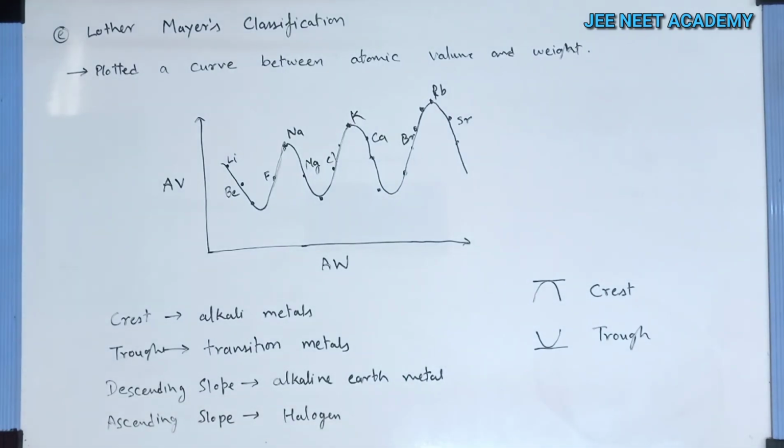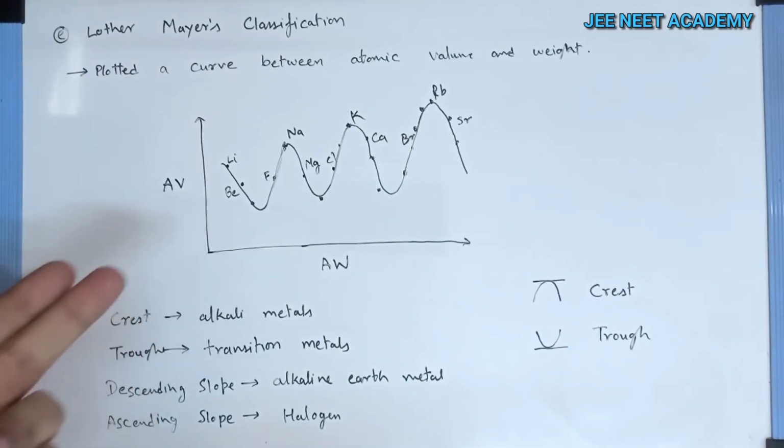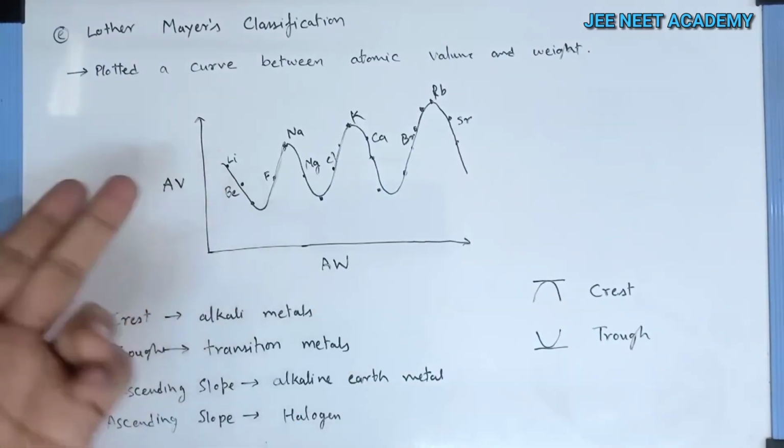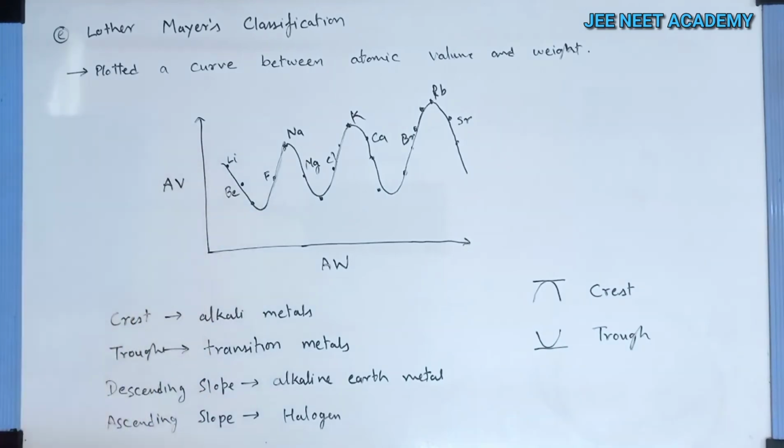Lothar Meyer proposed that the physical properties of the elements are a periodic function of their atomic weight. You can see atomic volume and atomic weight; volume is a physical property, not a chemical property.